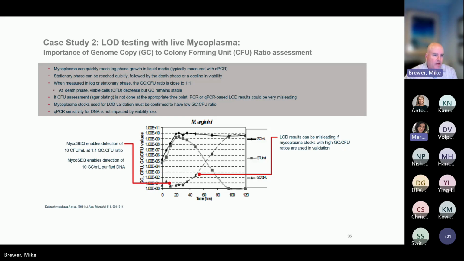And here's some data that was published by the FDA research team back in 2011 that speaks exactly to that phenomenon. What they did here is looked at Mycoplasma cultures during growth, measuring both genome copies in the diamonds here, and then in the squares they're looking at plate culture, counting the CFU.